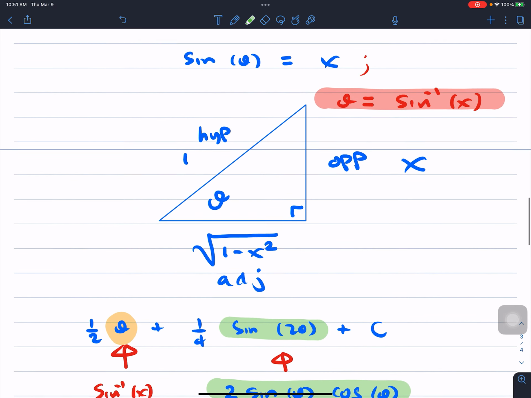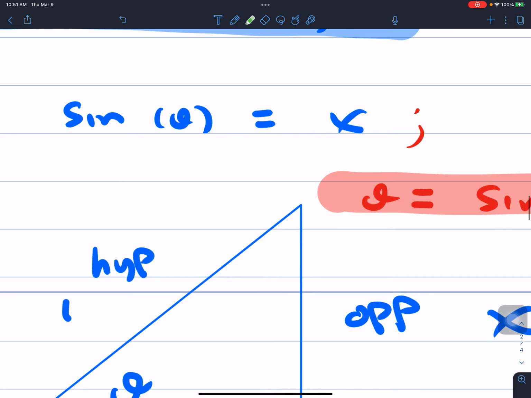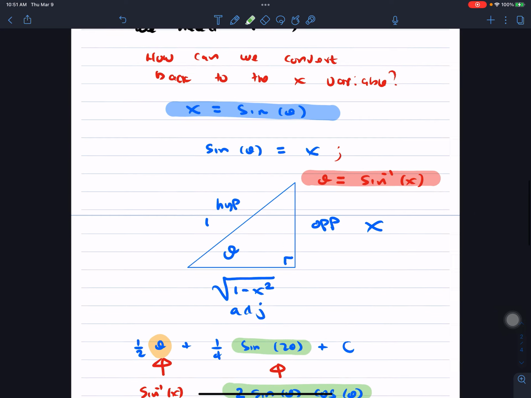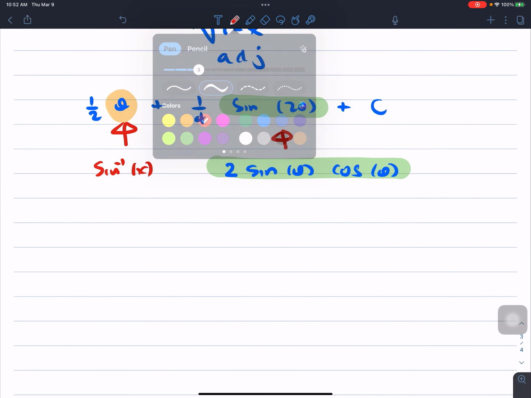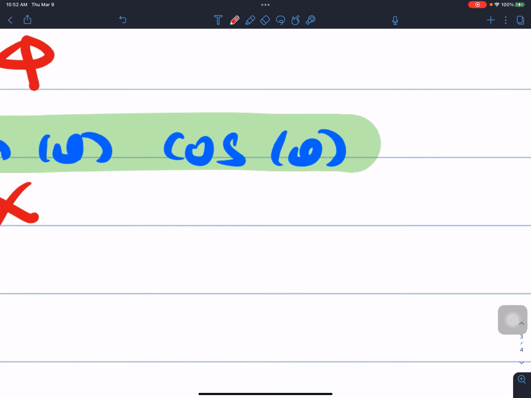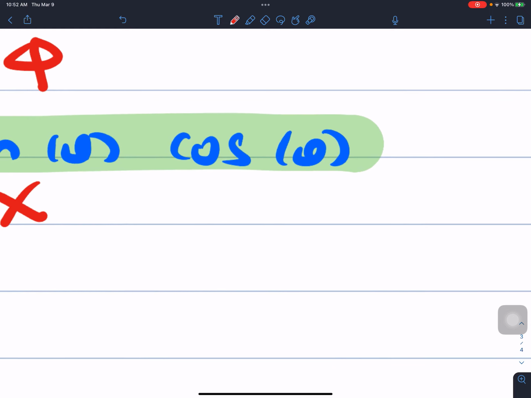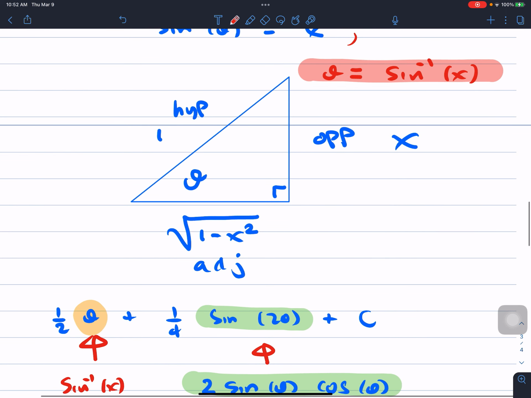So you already know what sine theta is. What's sine theta, ladies and gentlemen? Isn't that x? So this portion here is x. But what is cosine of theta? For that, you have to go back to the definition of cosine.